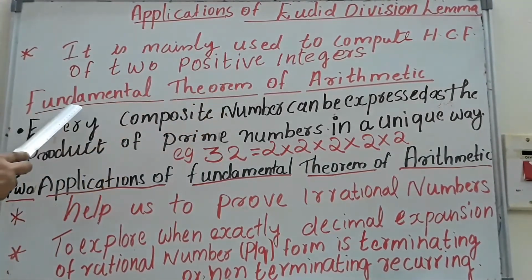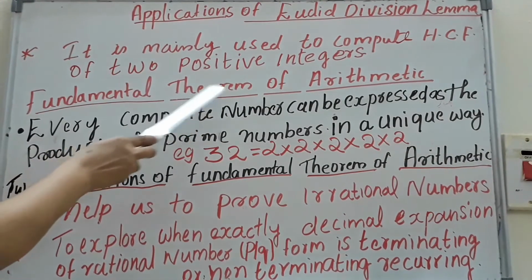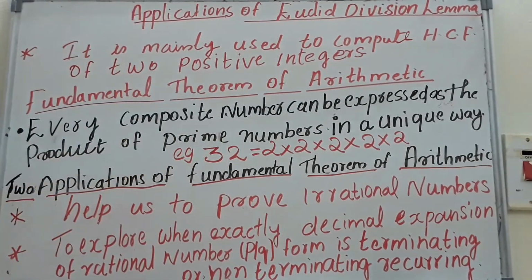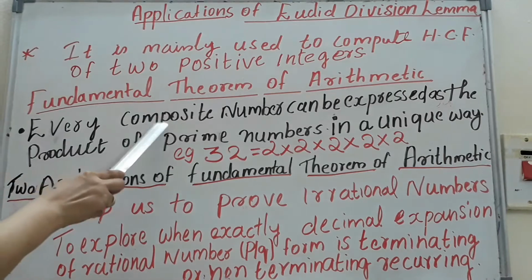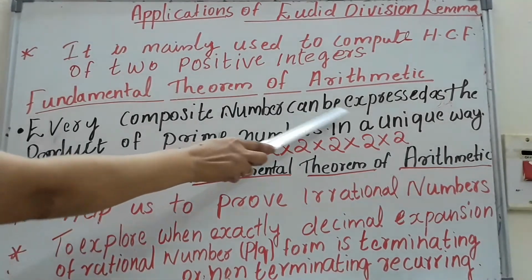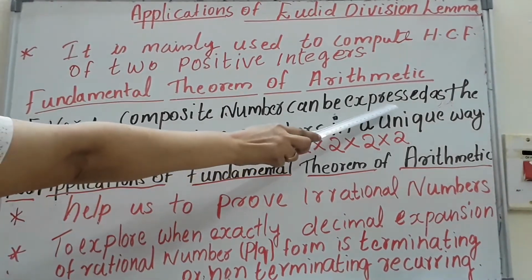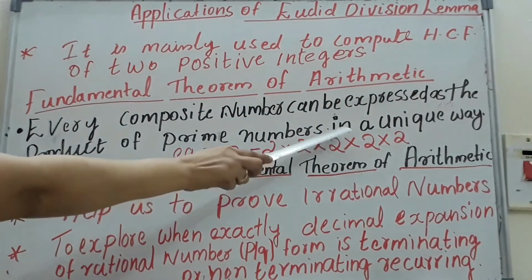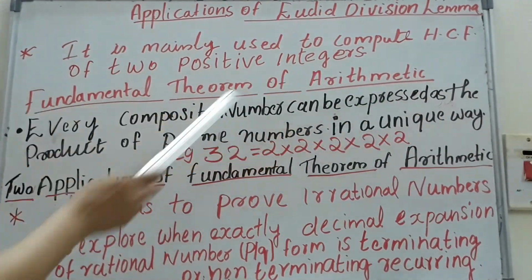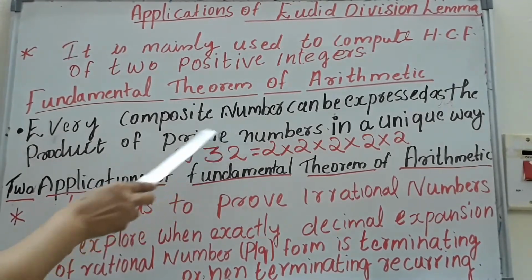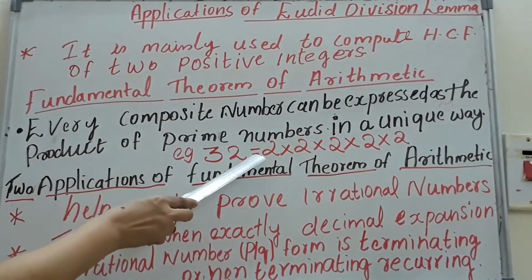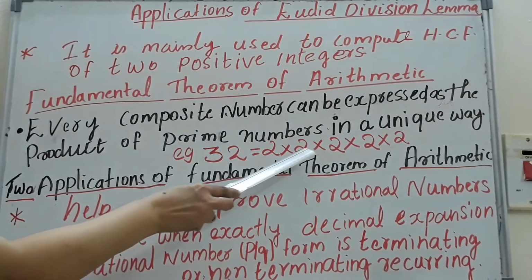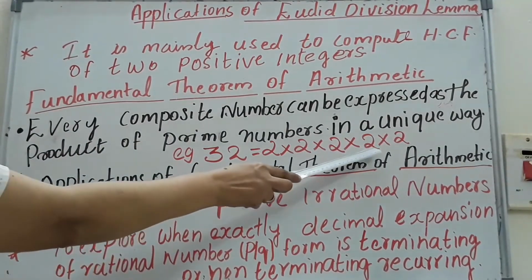The next, fundamental theorem of arithmetic. What is the fundamental theorem of arithmetic? Every composite number can be expressed as the product of prime numbers in a unique way. For example, 32 is a composite number which is equal to 2 into 2 into 2 into 2 into 2.